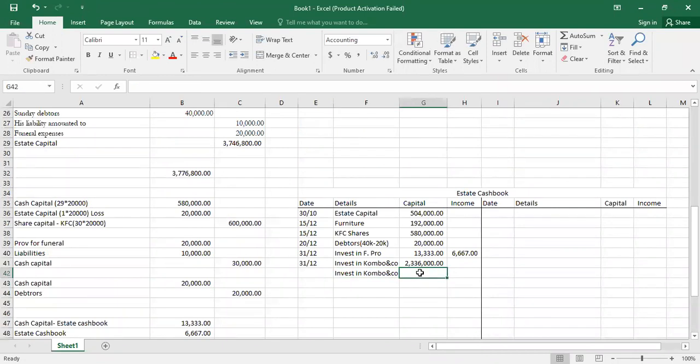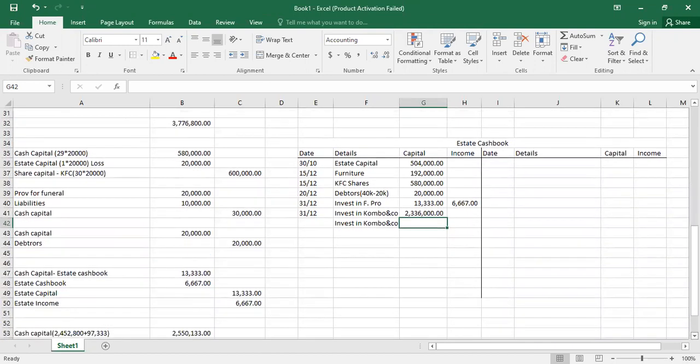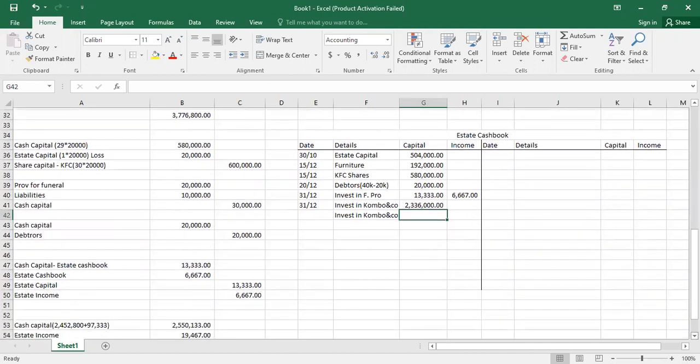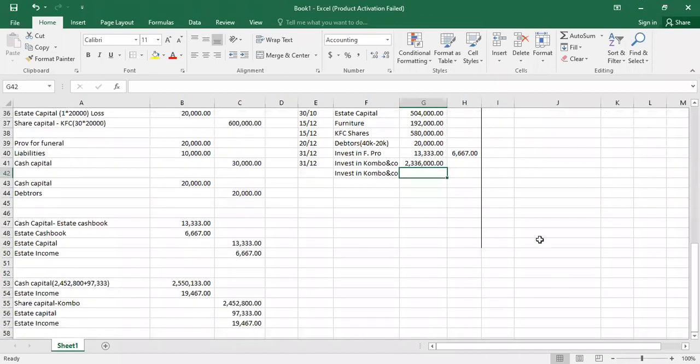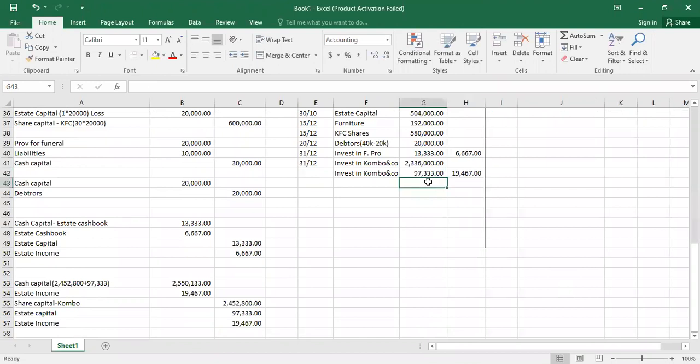So I have 90. You see the figures. 97,333. Then the other one is 19,467. Anything else?